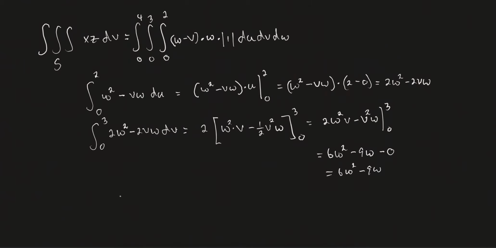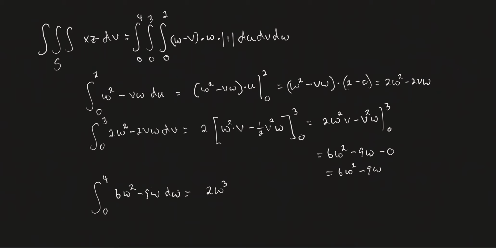All right. And yeah, so what is that one? That one's with respect to w, and then we're going from 0 to 4. So we have 6w squared minus 9w dw. So power rule on this one gives me 2w cubed.